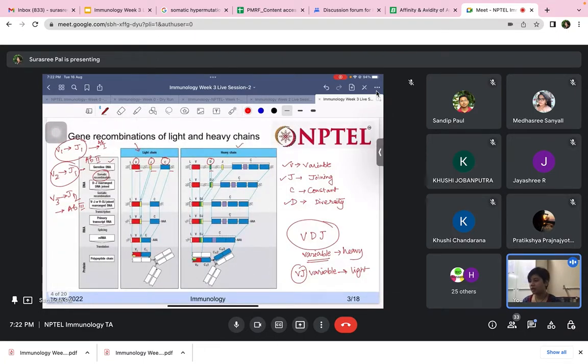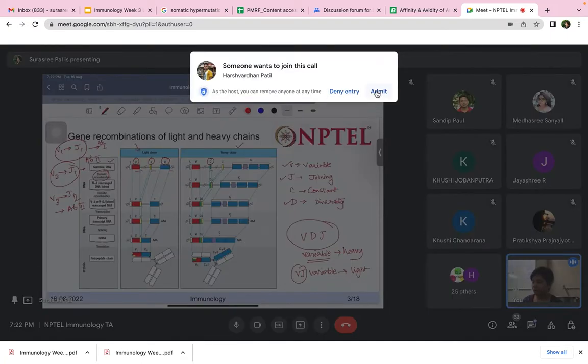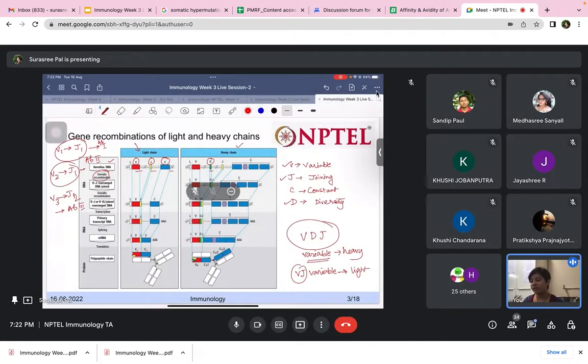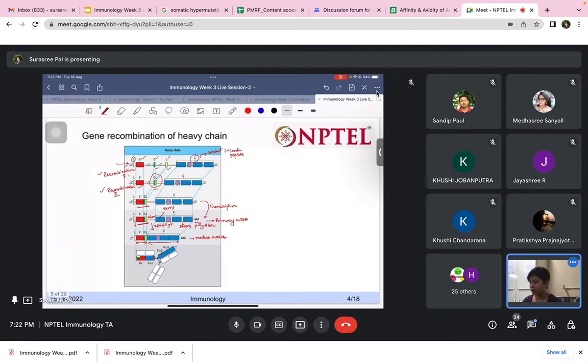So this is how it undergoes gene recombination, right? And then finally, by splicing, the mature heavy chain and light chain mRNAs are produced, which finally encode the polypeptides.